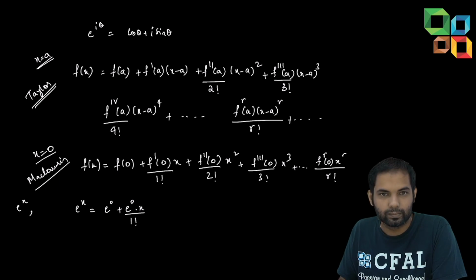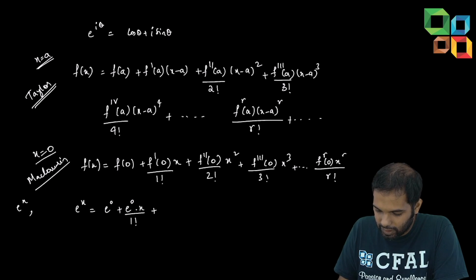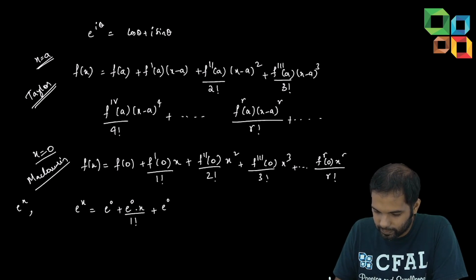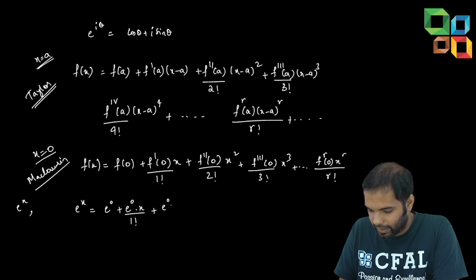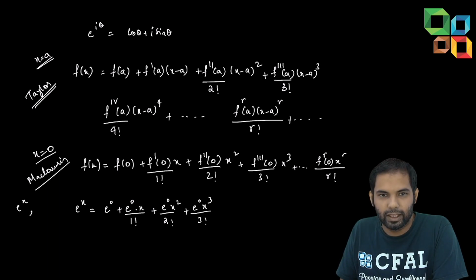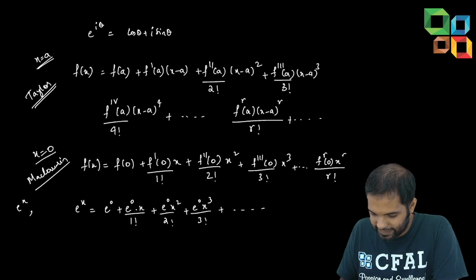Agree? So if I differentiate, I'm going to get e power x, into x divided by 1 factorial. Again, if I differentiate, again I'm going to get e power x. So I'll put e power 0 into x square by 2 factorial. However many times I differentiate, I'm always going to get the same terms. So it will continue like this. Can you guess what the series is now?